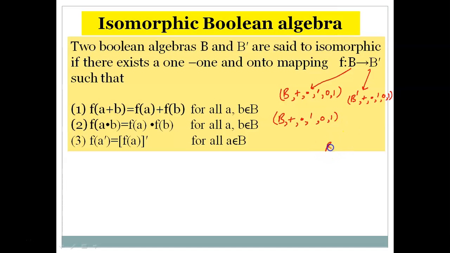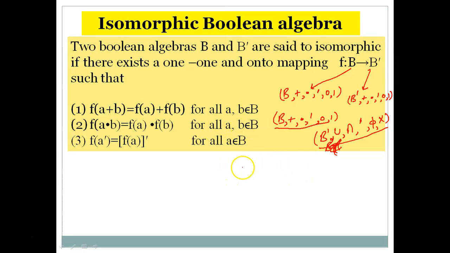And in place of B dash, if we think about the structure of the power set, then in place of plus we use union, in place of dot we use intersection, complement is complement in some sense, and in place of 0 we have phi, and in place of 1 we have X. So now this is also a Boolean algebra and this is also a Boolean algebra. These two can also be isomorphic. So in that situation, how should we write these three properties?